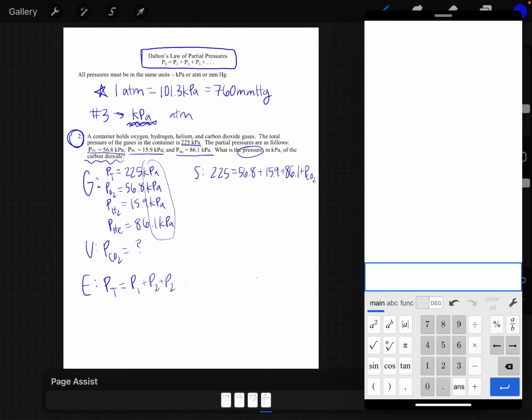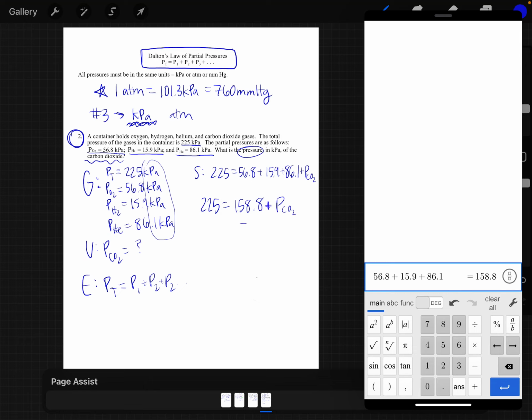So in my calculator, I'm going to go ahead and add these all together to simplify this. So it's going to say 225 is equal to, and I'm going to say 56.8 plus 15.9 plus 86.1. That ends up equaling 158.8 plus my PCO2.